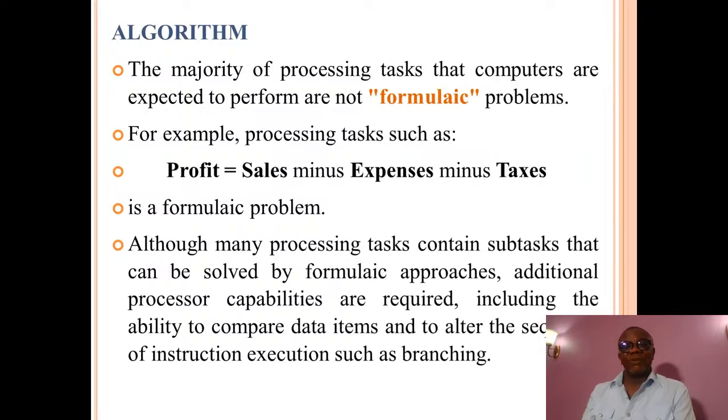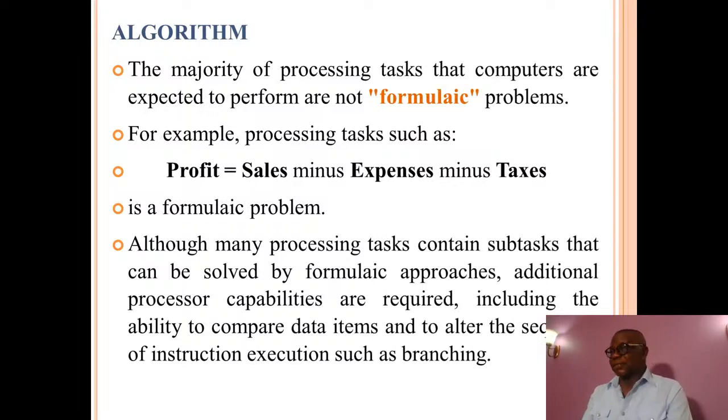But in real life, not all programming processes will follow these formulaic problems. So we say, although many processing tasks contain subtasks that can be solved by formulaic approaches, additional processor capabilities are required, including the ability to compare data items and to alter the sequence of instruction execution, such as branching.